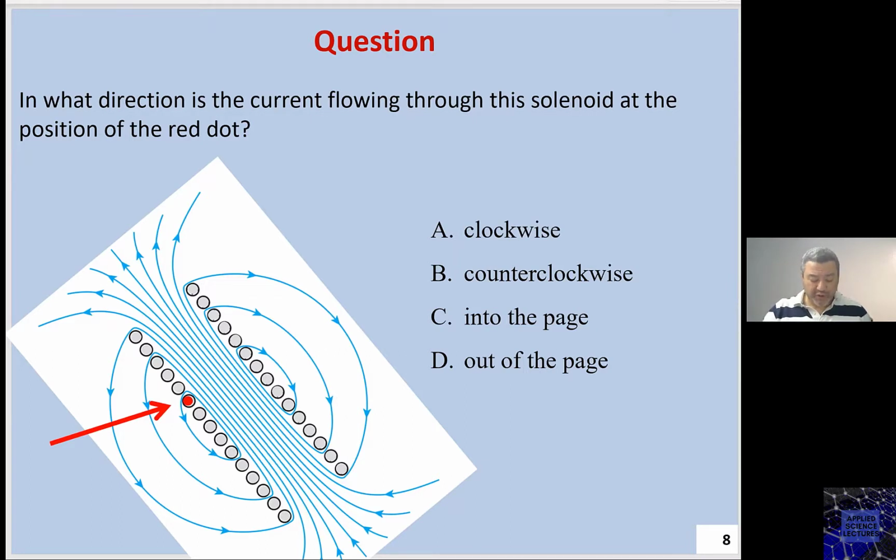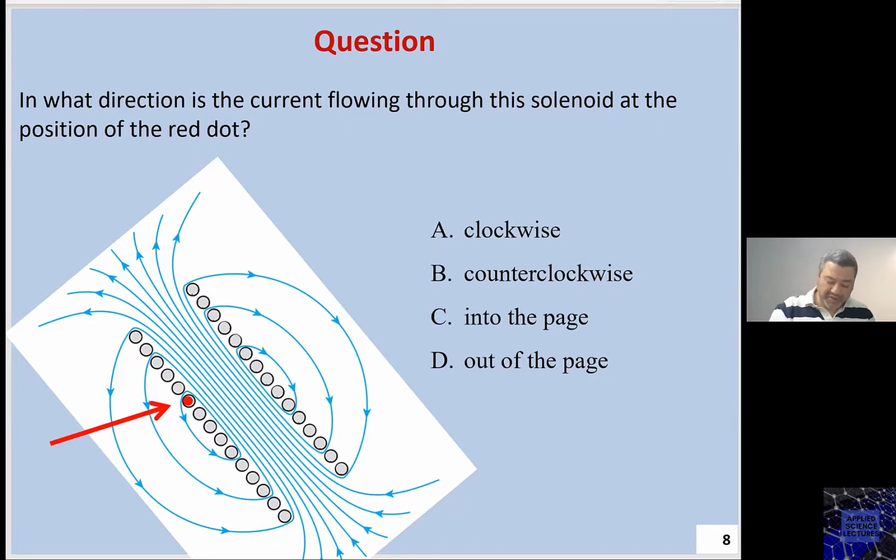So if you look at the solenoid, we can see that the current is the one that's going in circles around in this solenoid. So I will use my thumb for the magnetic field that I can see here. So this is the direction of the magnetic field, and then the fingers are going to define the direction of the current.